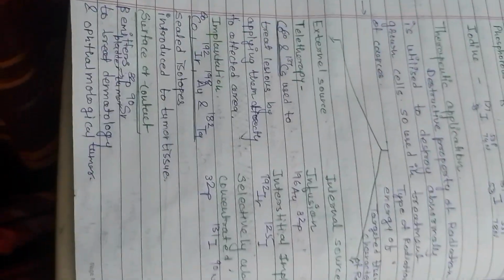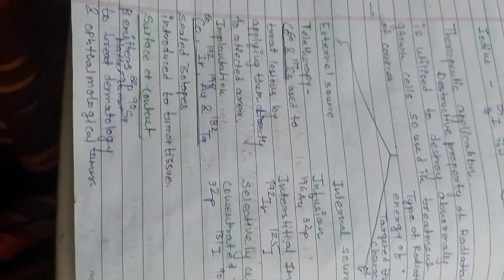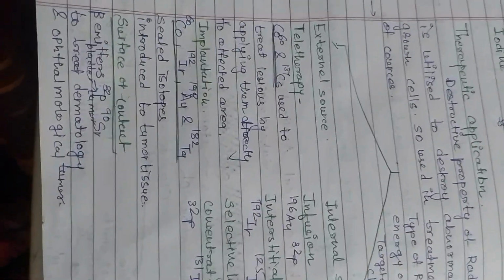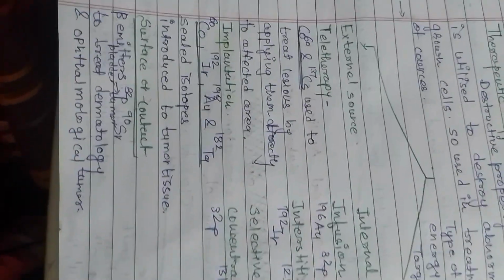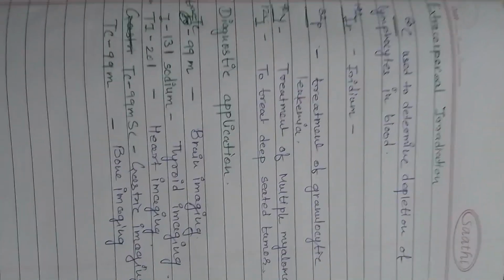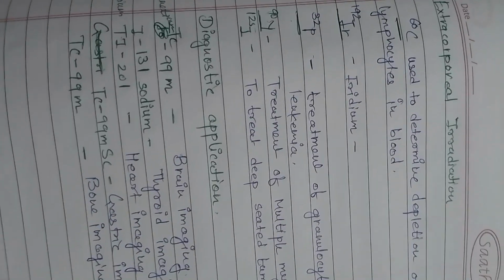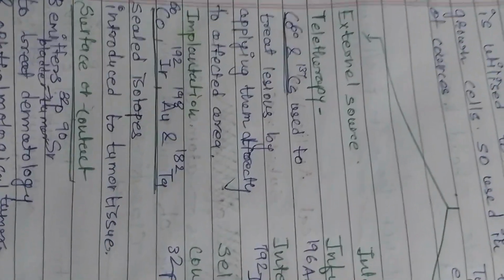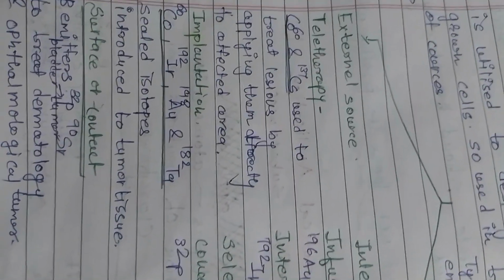See, there are two kinds of application, that is externally and internally. Externally, they may be given in the form of teletherapy, implantation, or surface or contact, and extracorporeal irradiation method. Now, what is there in teletherapy? They are directly applied to the affected areas.